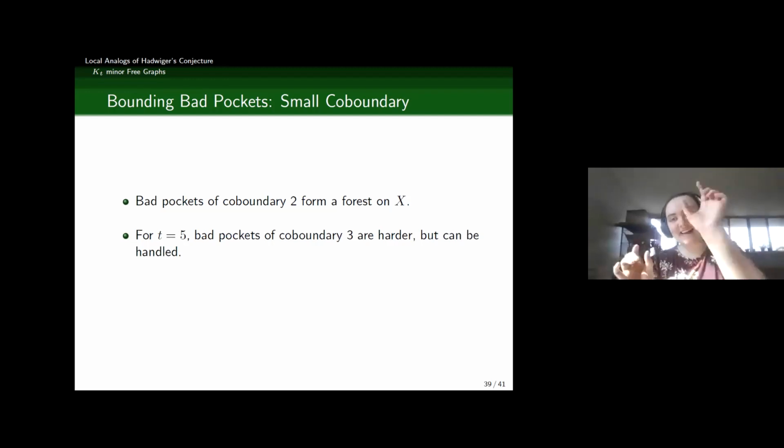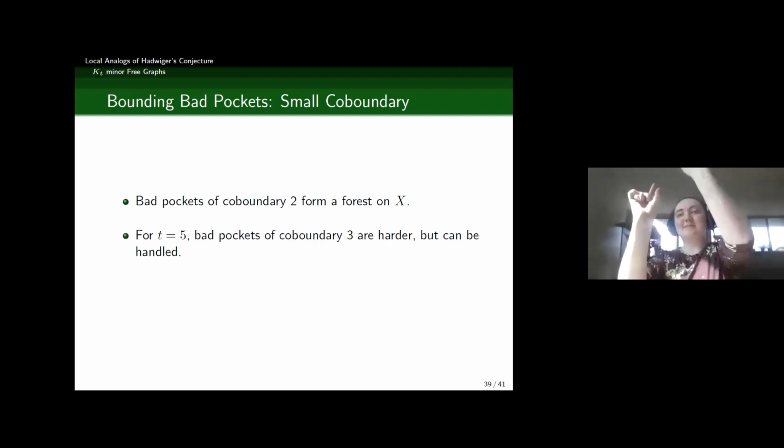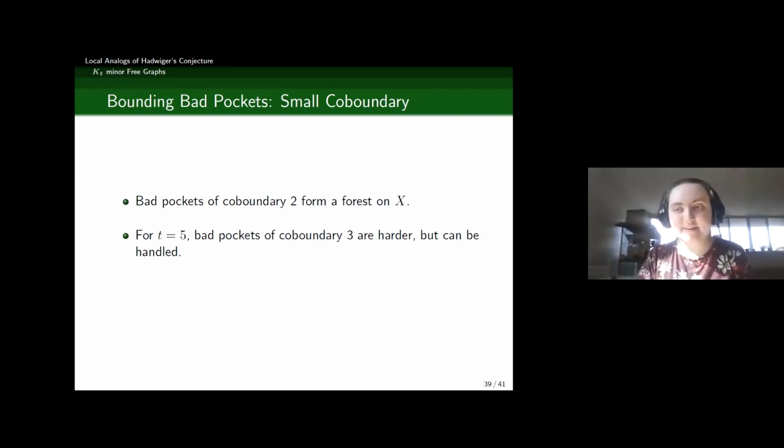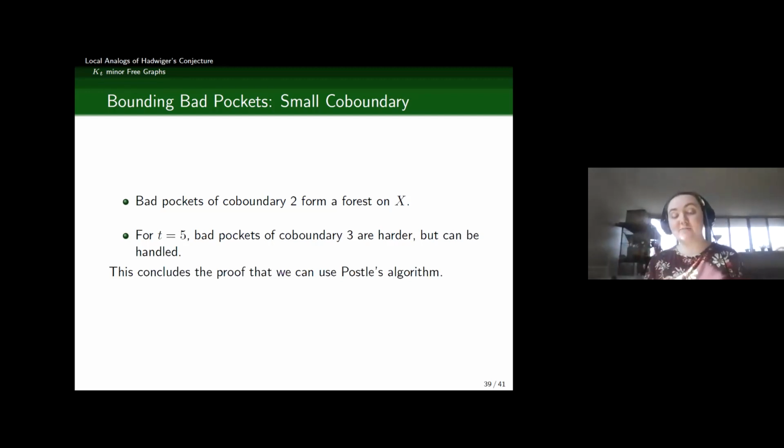You just end up running up the thing until you reach a contradiction. So then that concludes the proof, and you can use Postle's algorithm as is. And in fact, it's a little bit simpler because you can just recurse until you're done. You never get to the point of having to brute force a graph because it's gotten too small to be able to recurse on.